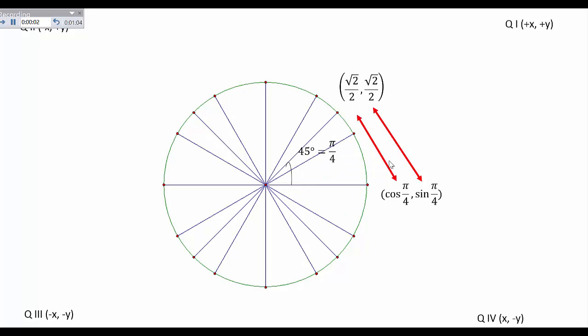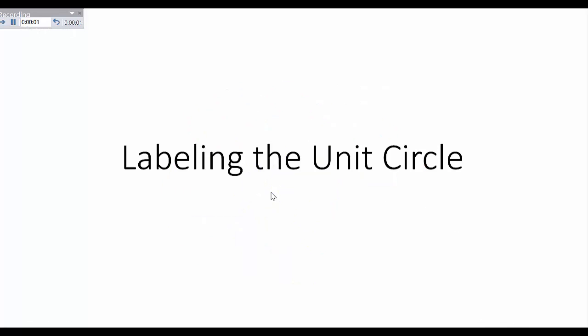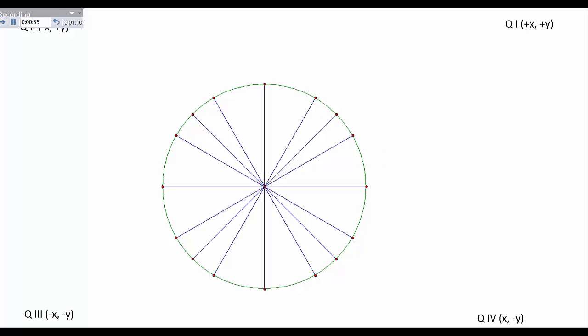And the first coordinate, of course, would be the cosine value of 45 degrees, or pi over 4, and the second coordinate would represent the sine value of 45 degrees, or pi over 4. You should be able to label each point of our unit circle with the degree measure, the radian measure, and also the point that intersects the terminal side of the angle and the unit circle.